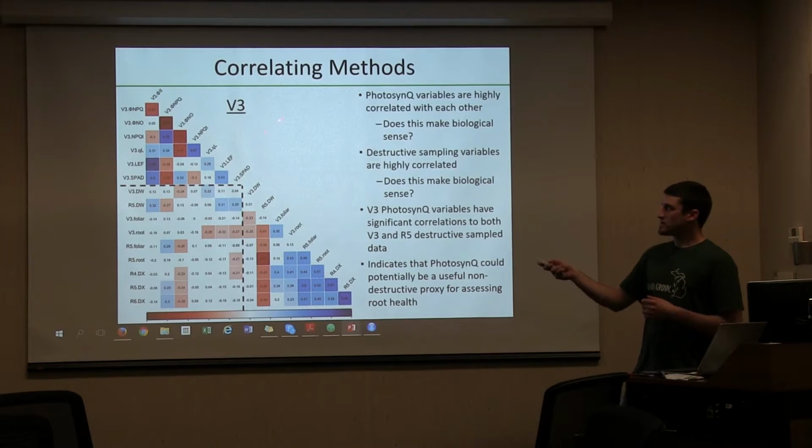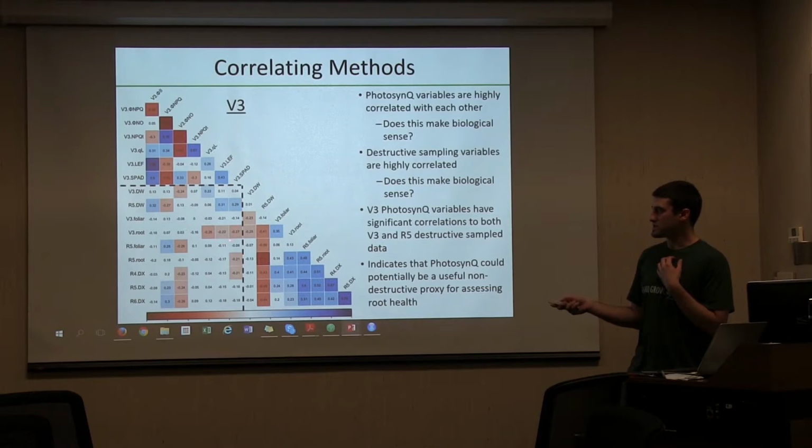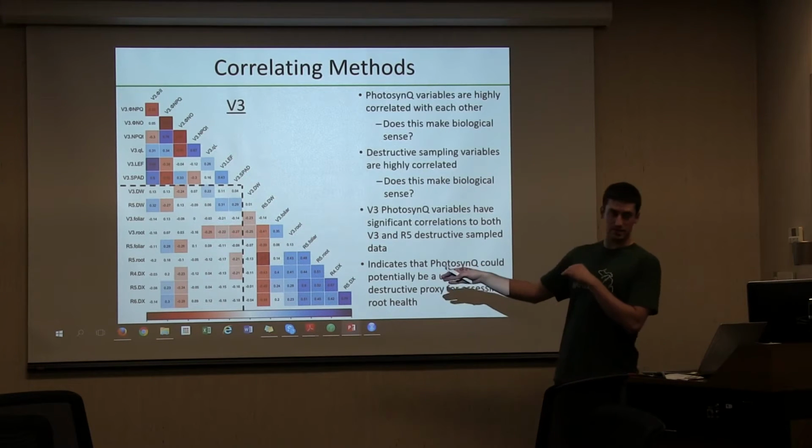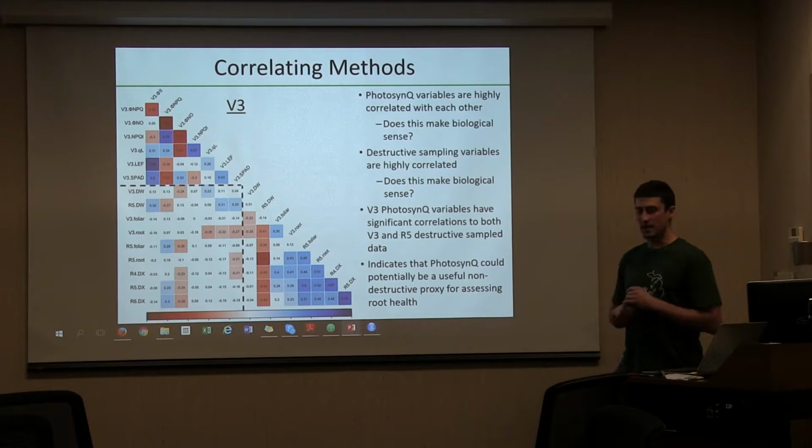So at growth stage V3, the biggest thing that I noticed was this right here, that SPAD, LEF, and QL had a significant negative correlation. I know it's significant because the box is colored in. If it's not colored in, it's not significant at alpha of 0.05.